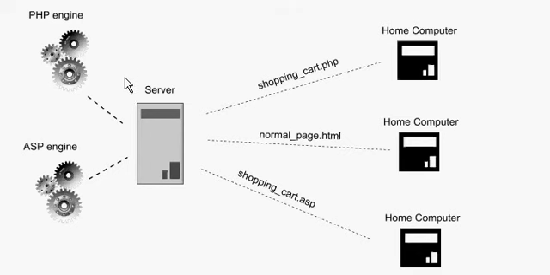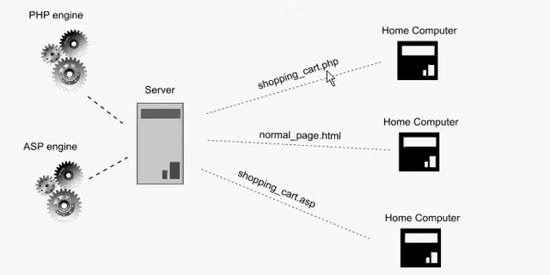For instance, process a form or connect to a database, send an email, etc. So the PHP engine understands and can read PHP code. And that's why the server sends the PHP page to the PHP engine so it can interpret, read, and then send back the results of whatever instructions you wrote in the PHP page.